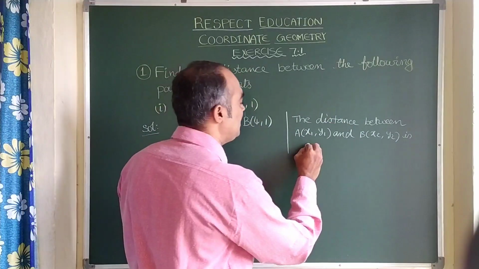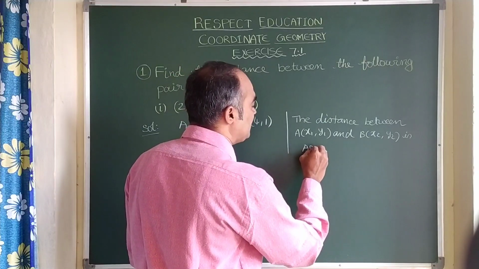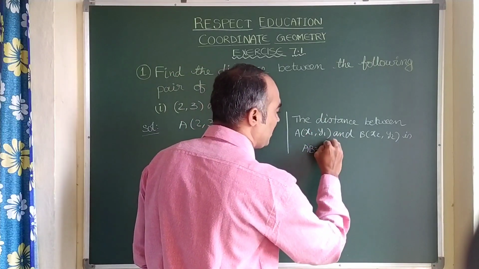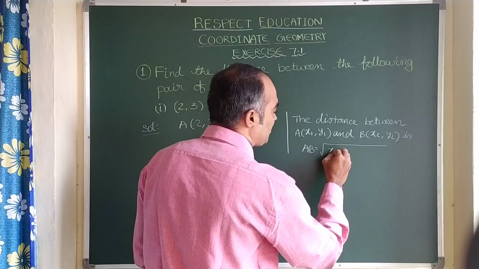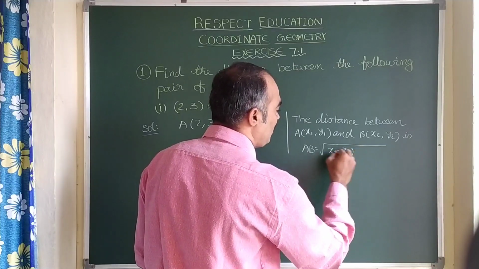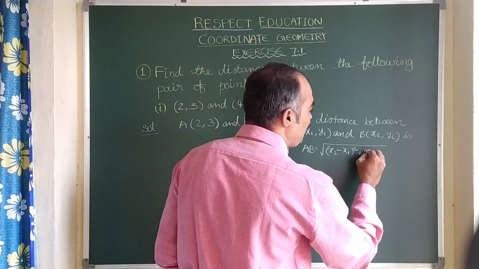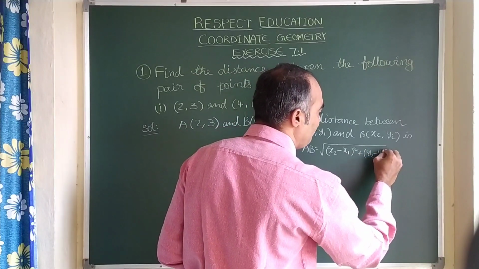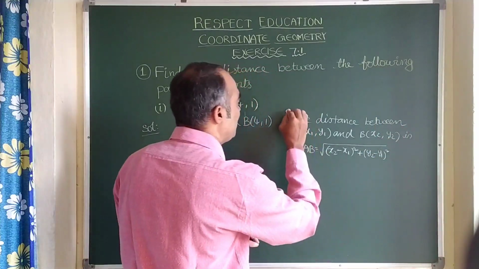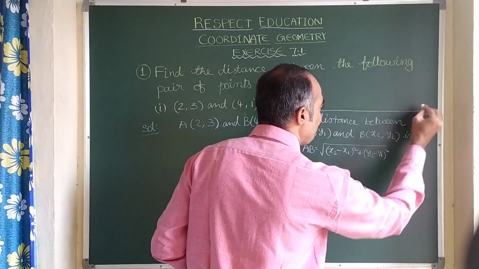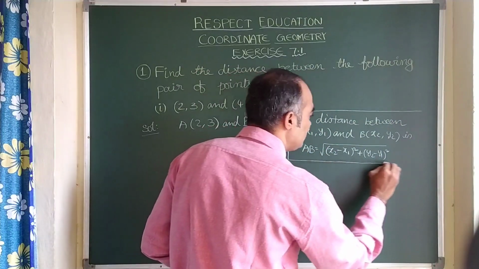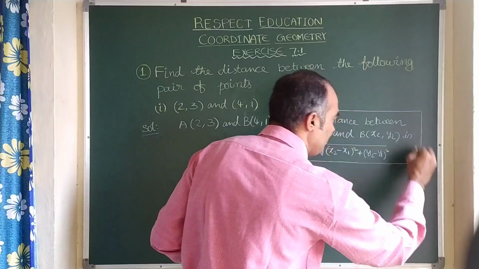The formula is AB is equal to under root x2 minus x1 whole square plus y2 minus y1 whole square. Based on this formula, we are going to solve the problem.